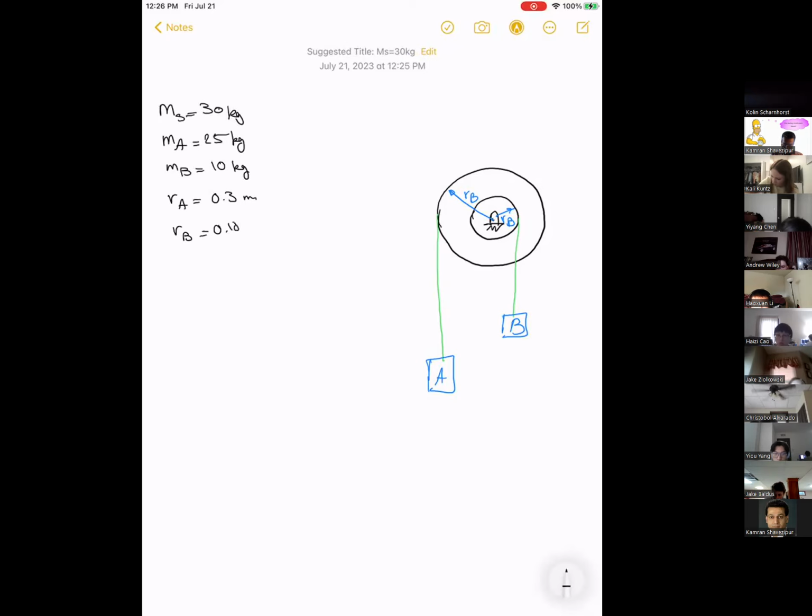RB is 0.18 meter. Radius of gyration is 0.25 meter, right? V1 is 0 for A, for VA1. VA2 is 2 meters per second. Again, we are looking for the time required to get this done.